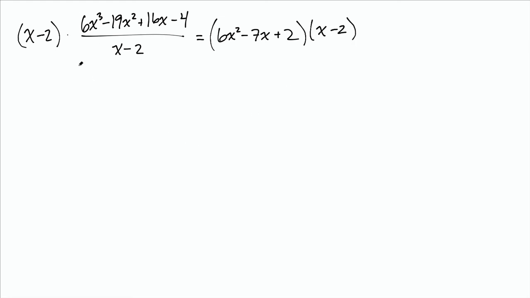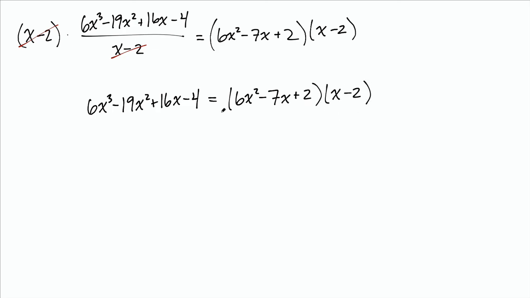On the left side of the equation, the x minus 2 cancels out. And we're just left with 6x cubed minus 19x squared plus 16x minus 4 equals, and then this right here is a partially factored form for that polynomial.